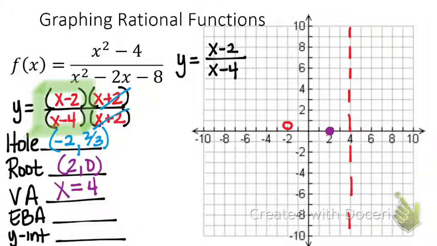This is balanced. So you're dividing, again, this happens to be 1 divided by 1. So this is a horizontal asymptote, it's not a slant, and that's going to occur at y equals 1.